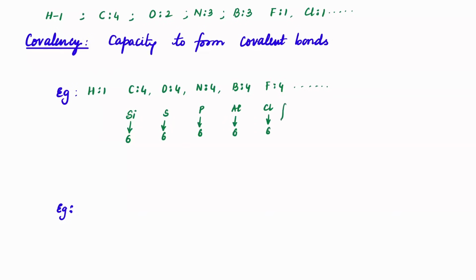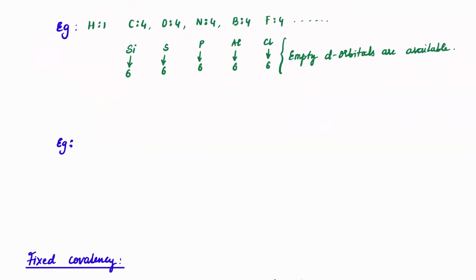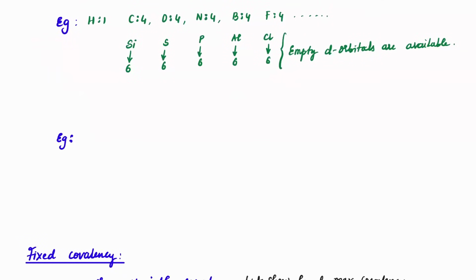Why can they expand so much? Because they have empty d orbitals. Empty d orbitals are available, and that makes them expand their octet and try to even get towards 6 bonds.